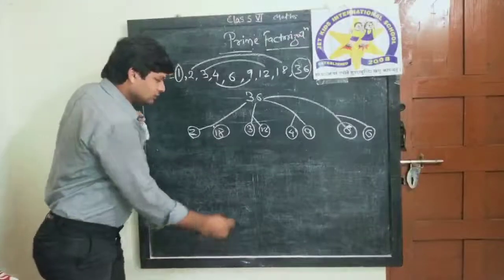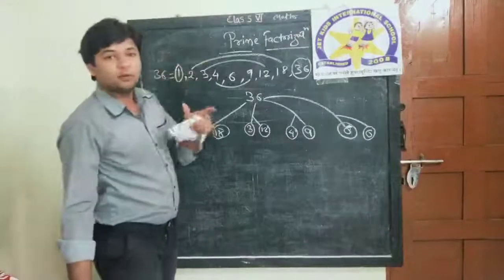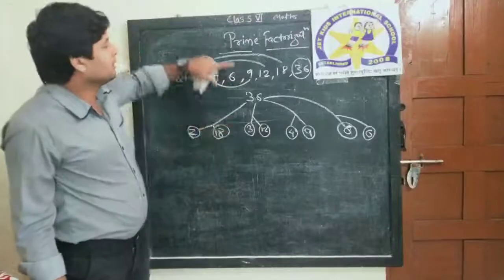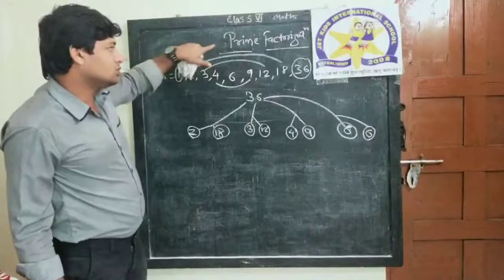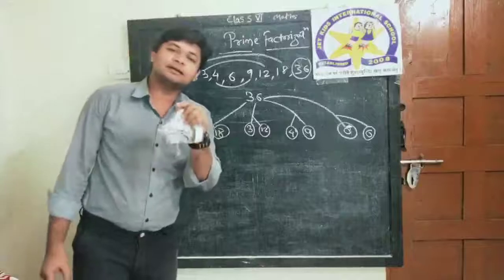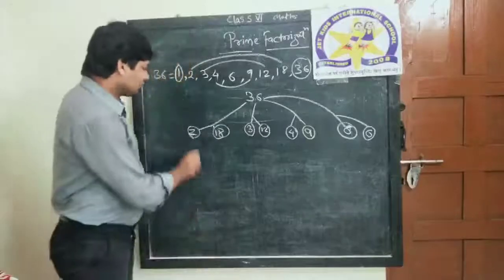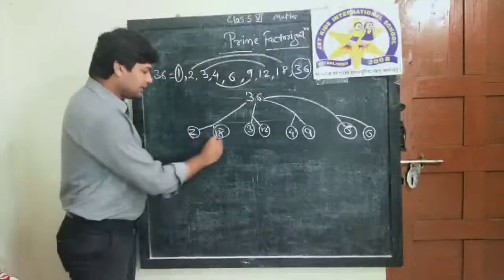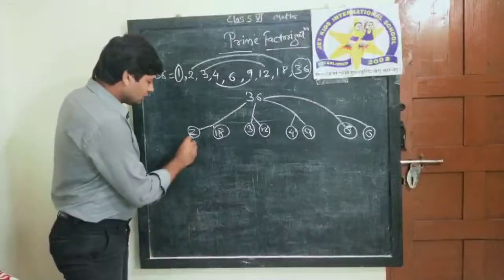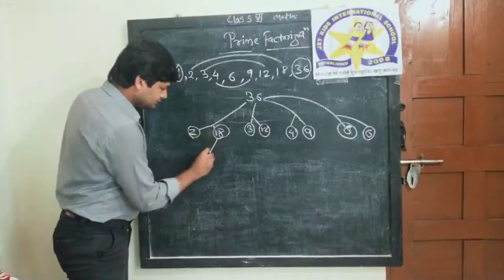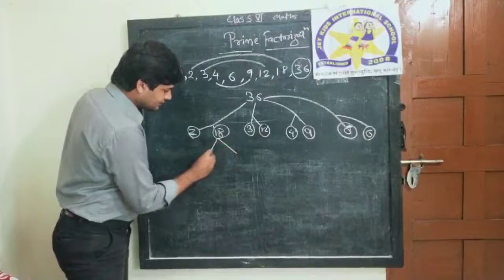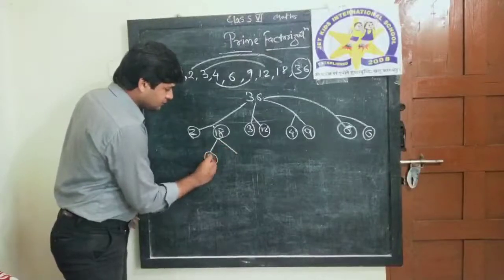Now we have to prime factorize it. We need each and every factor to be prime. Here 2 is a prime number, you know very well, but 18 is not. So I am taking 18 as 9 multiplied by 2.